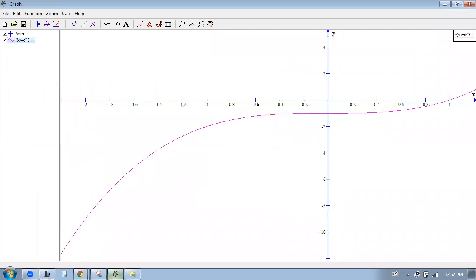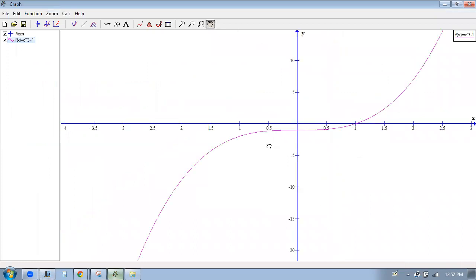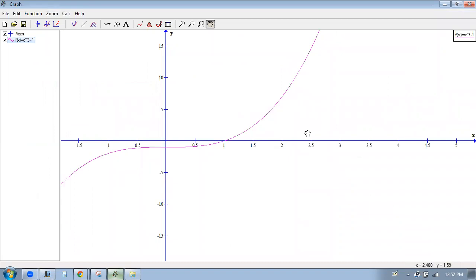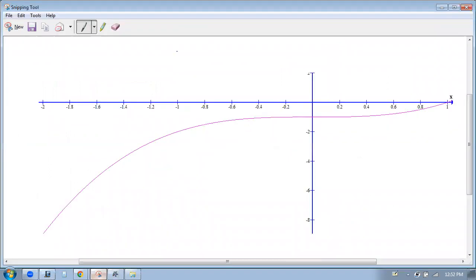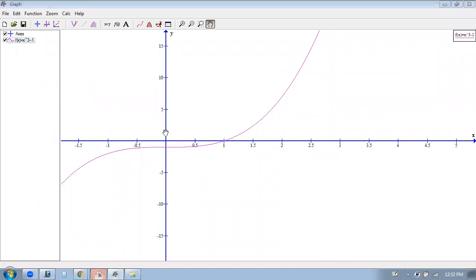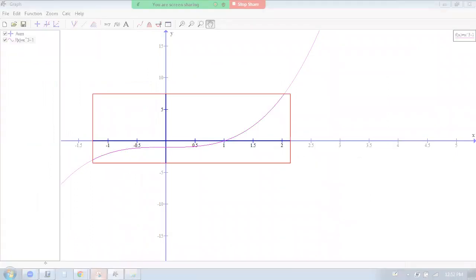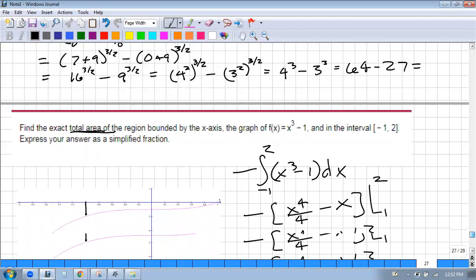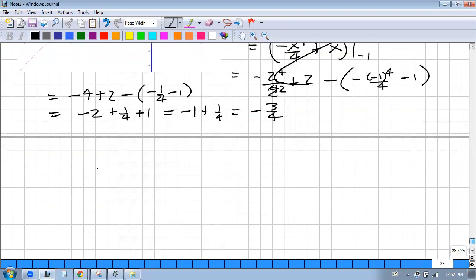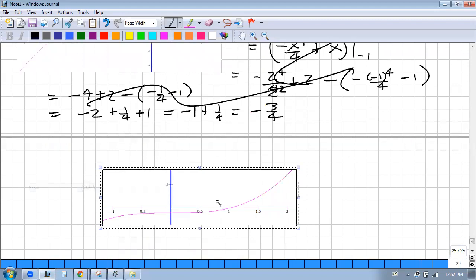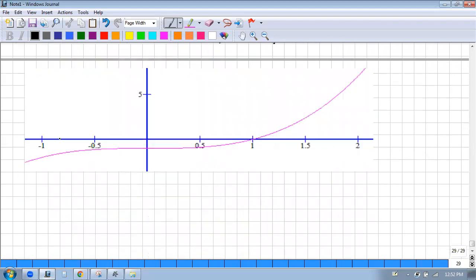Try this again. Yeah, this is all wrong. All right. We're going from minus 1 to 2.